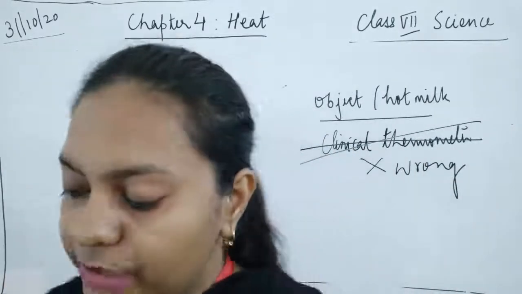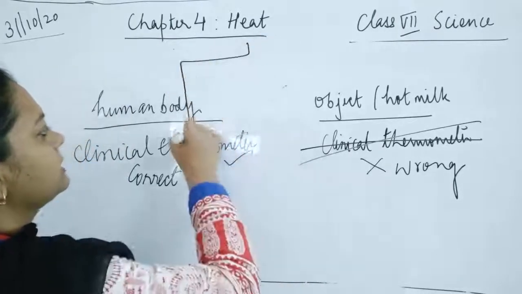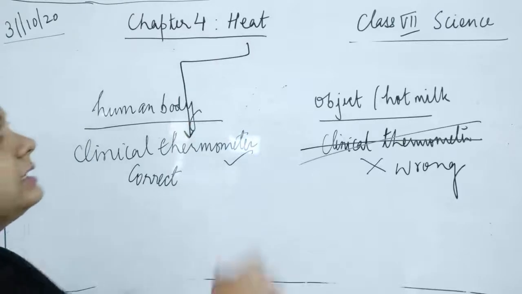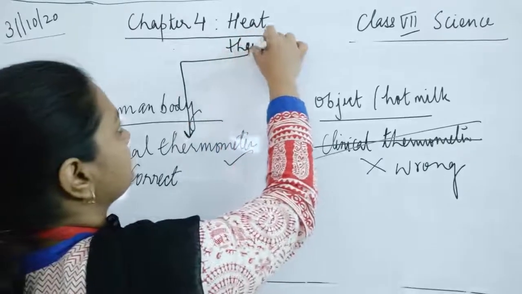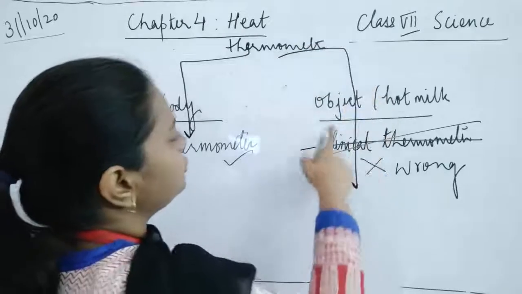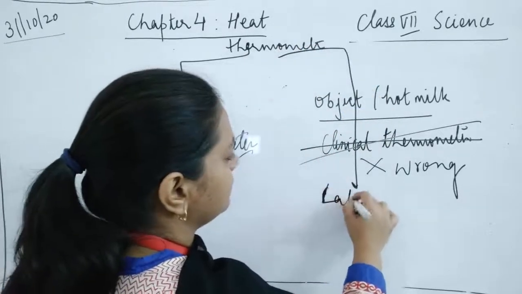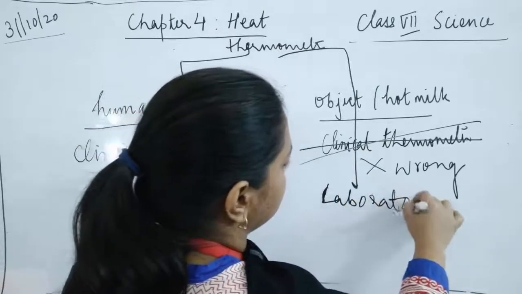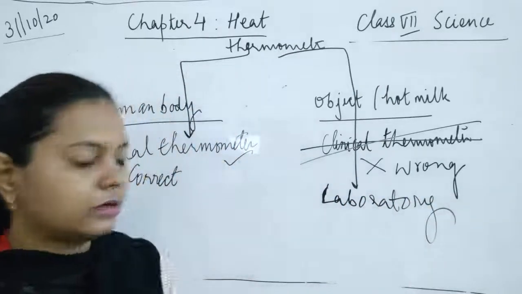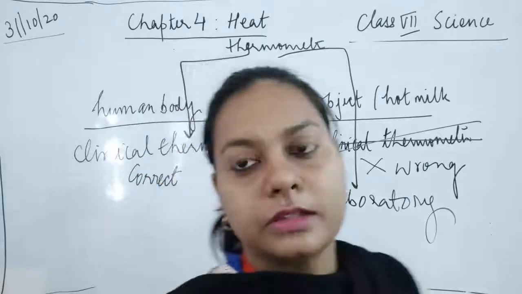I have told you that thermometers are of two types. One is called the clinical thermometer and the other type, which is used to measure hot objects, is known as the laboratory thermometer.